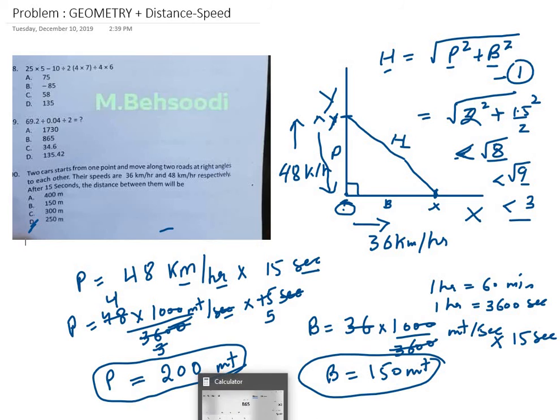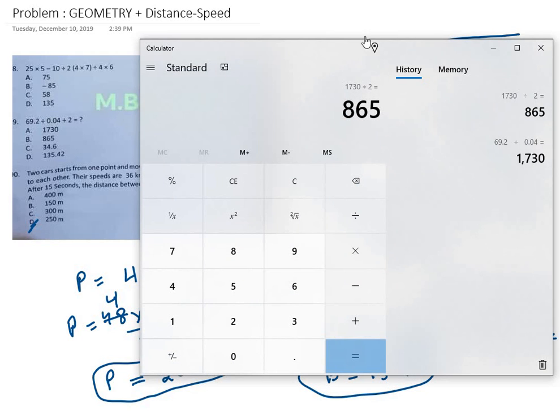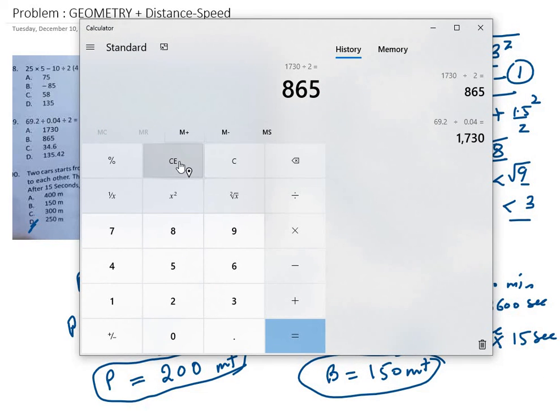I can use the calculator here, but you are not going to use it in the exam. 2 square is 4, and 1.5 multiplied by 1.5 is 2.25, so plus 4.